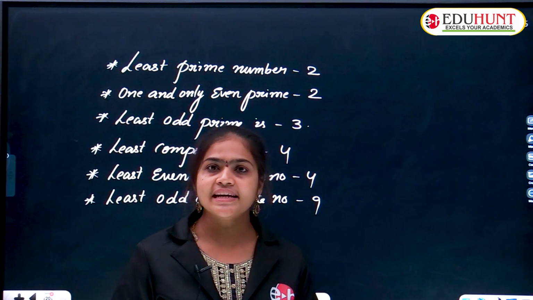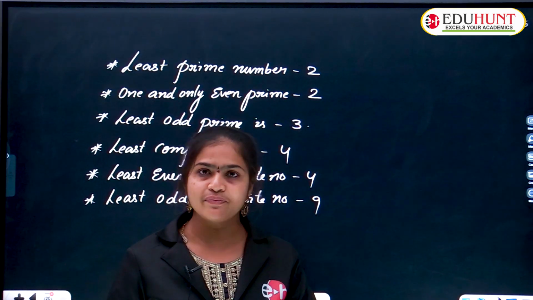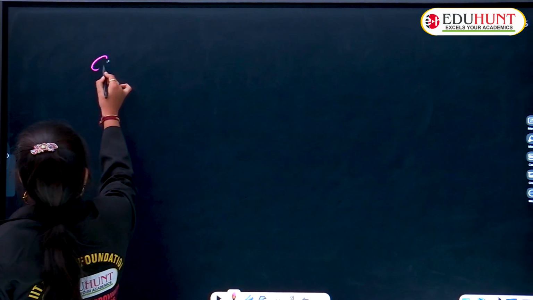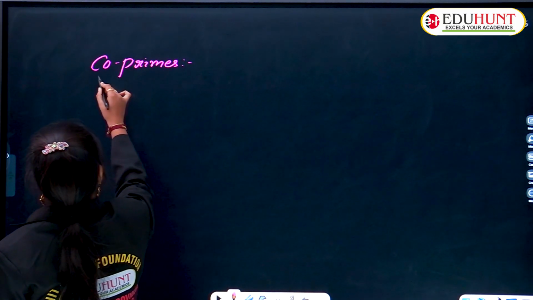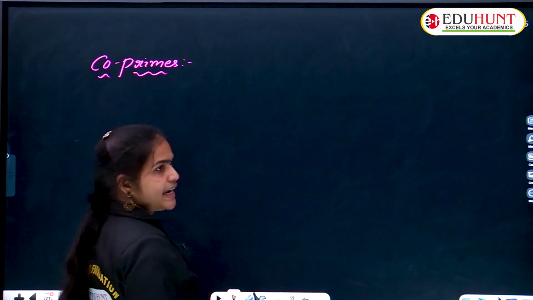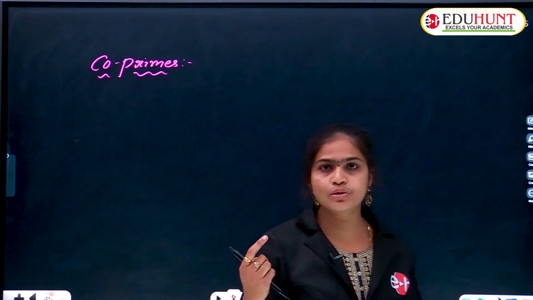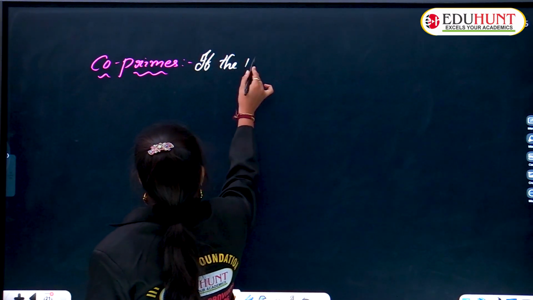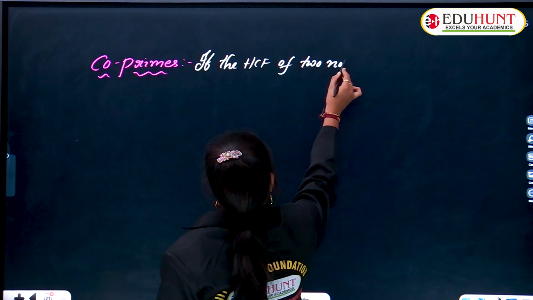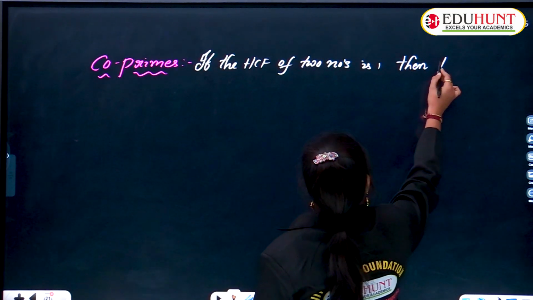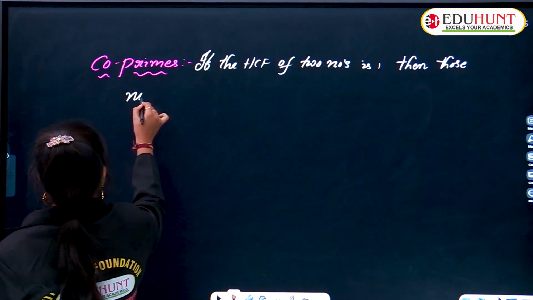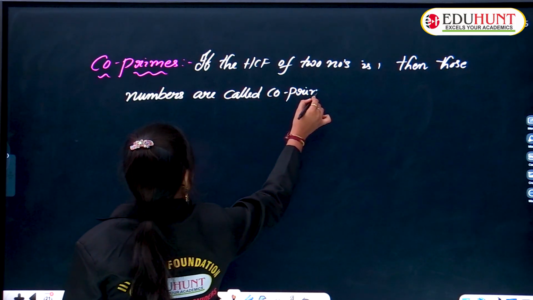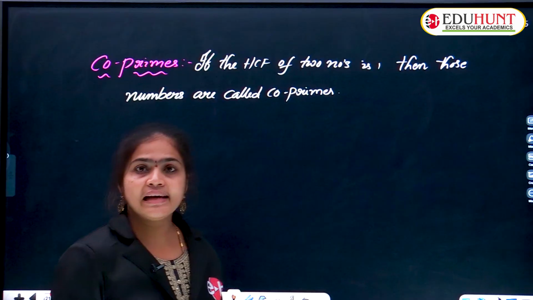If the HCF, the highest common factor, of any 2 numbers is 1, then we call those 2 numbers co-primes.